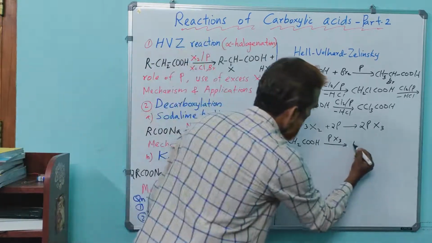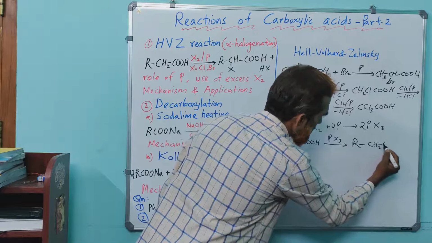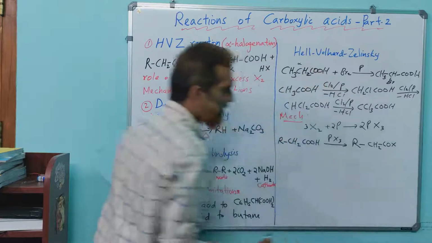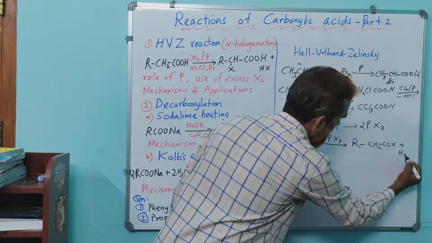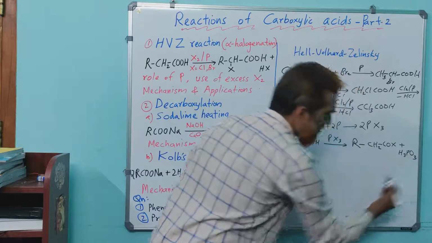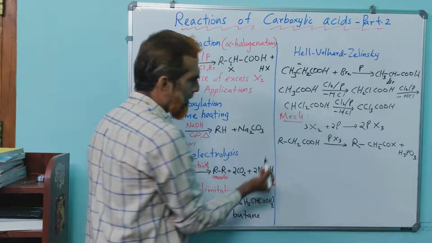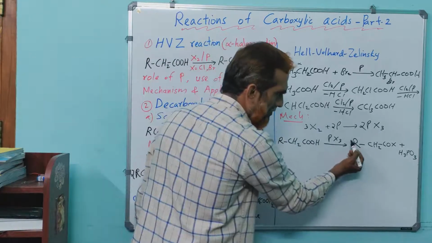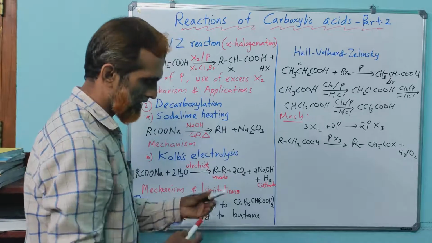So what is the product? You get RCH2COX, isn't it? And when you use PX3, you know the byproduct is H3PO3, isn't it? You can refer back. And this can be balanced if you want, putting 3 here and 3 here. Okay, that's not a matter. So this is the first step.